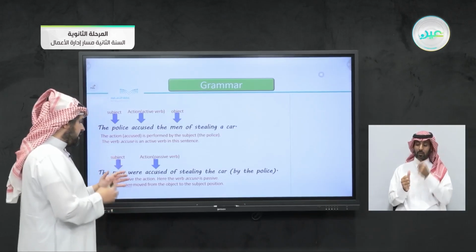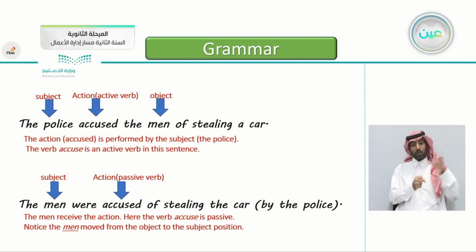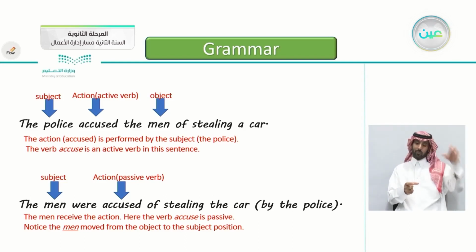They are still the object, but in the passive form, they move from the object place to the subject place. Here, the verb accuse is passive. Notice the men, again, as I said before, moved from the object to the subject position. It's just changing of position.